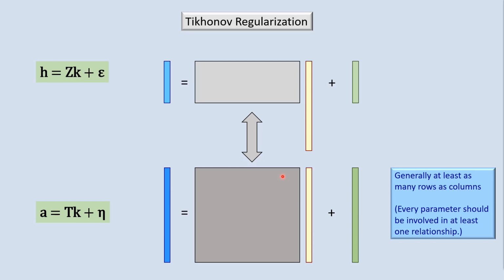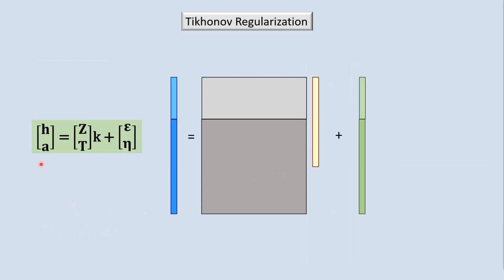So let me join these two matrix equations together to form a single matrix equation with a matrix that is now long in the vertical direction, and hence I'm satisfying a necessary but not necessarily sufficient condition for this inverse problem to be well posed, because I am supplementing the calibration data set with a suite of other relationships which pertain directly to the parameters that I am trying to estimate.